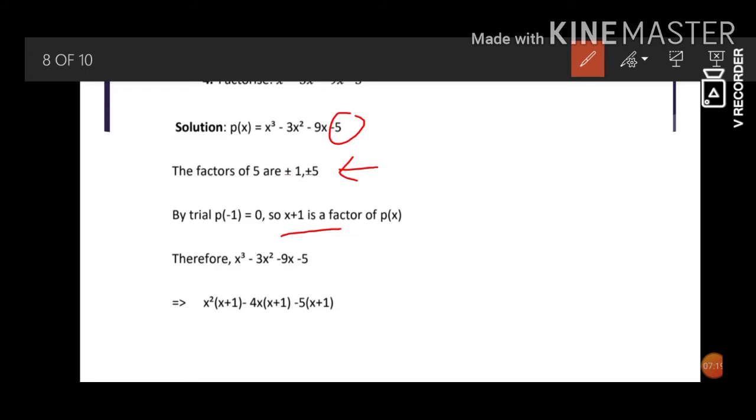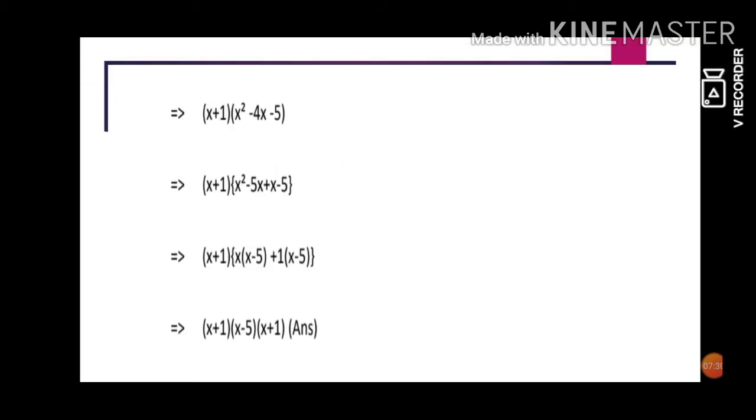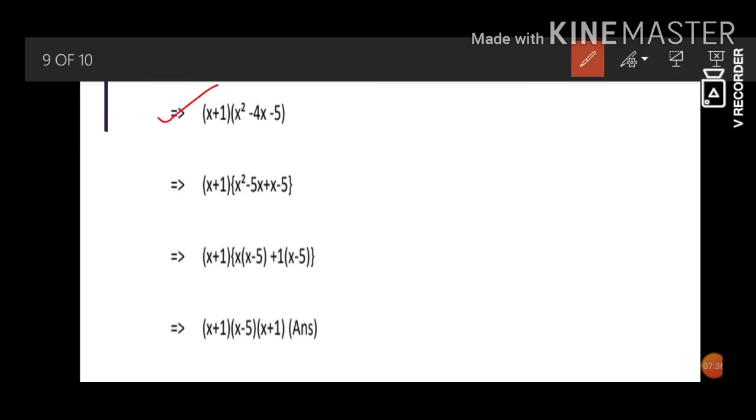Here we know that x plus 1 is a factor, so we can write it as x square into x plus 1, minus 4x into x plus 1, minus 5 into x plus 1. Now since x plus 1 is a factor, we can write it as x plus 1 into x square minus 4x minus 5. The second bracket is a quadratic expression where the sum is minus 4 and the product is minus 5.